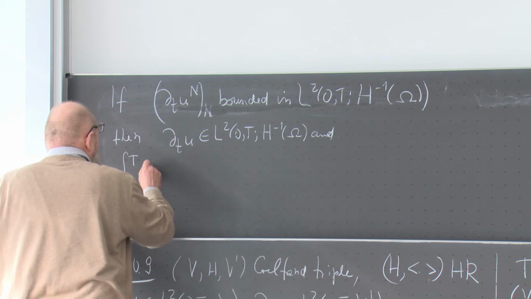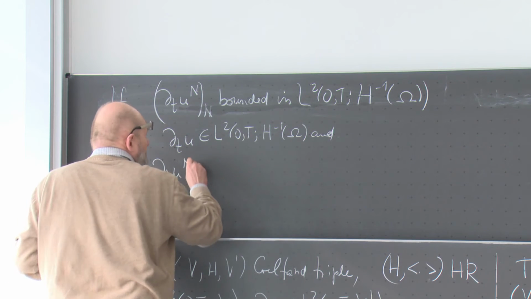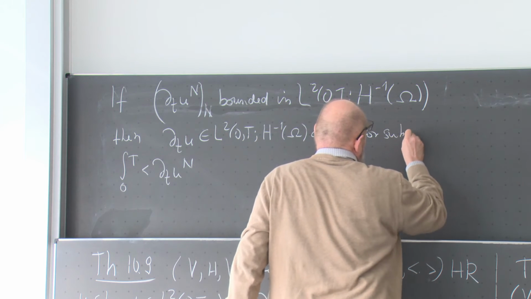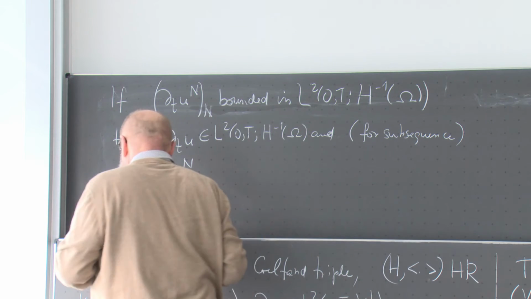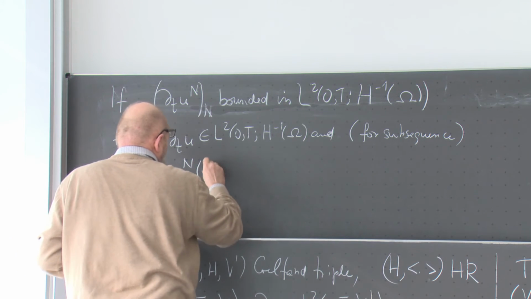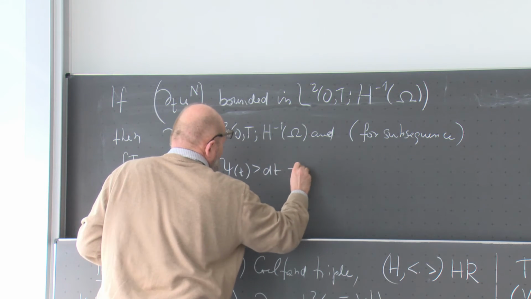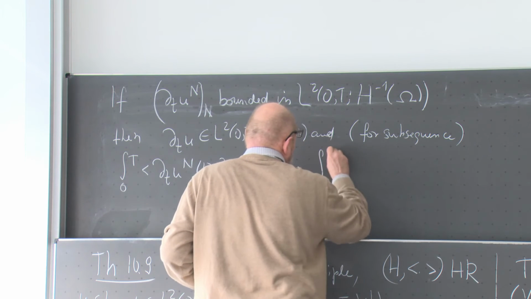What does this mean? It means if we have here these time derivatives, again, of course, for a subsequence, and here the corresponding test functions, I will say in a second what they are, then we have the convergence to the limit here.